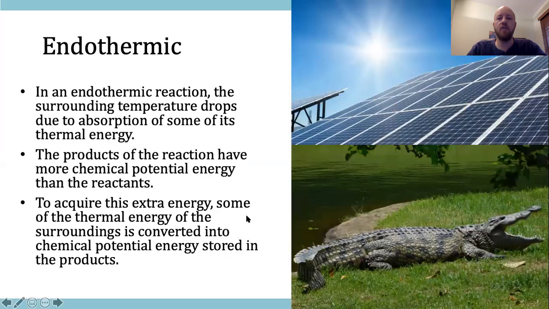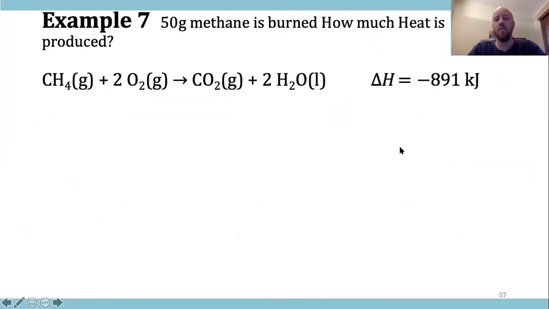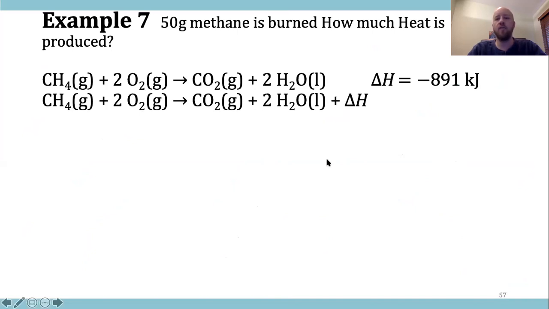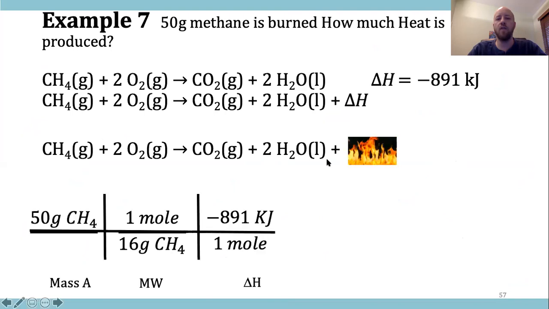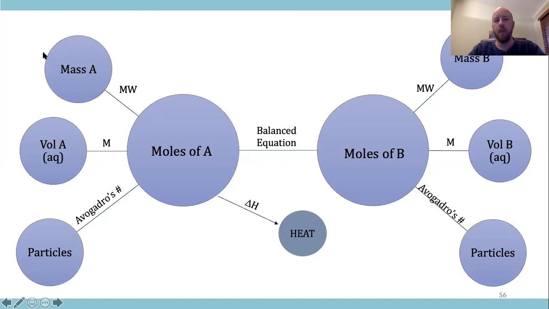Then delta H. We talked about this one. This is the stoichiometry, just using the delta H value as a second step. This problem is very representative of what you're going to have to be able to do: if I'm burning 50 grams of methane, how much heat is produced? From the balanced equation, or from my chart here, I have the mass of what I'm starting with, the molecular weight to find the moles, and then the delta H value to find the heat.